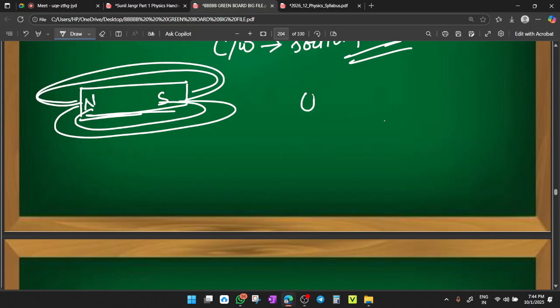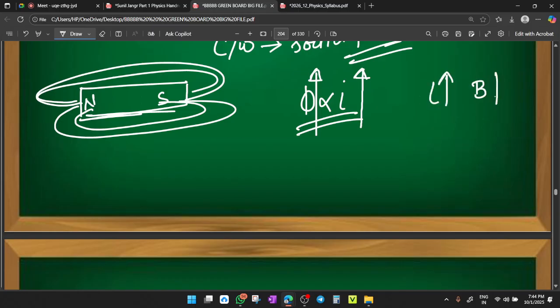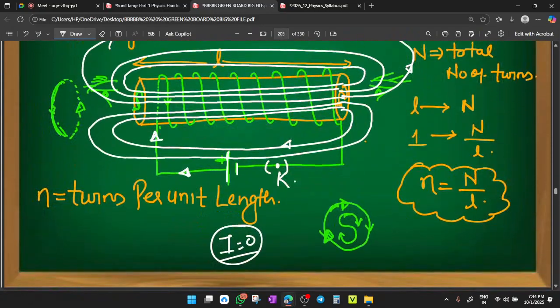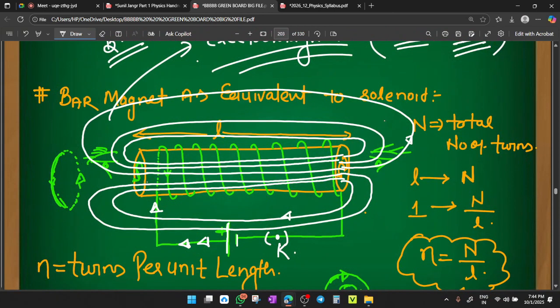flux is directly proportional to current. So as you increase the current, the amount of flux also increases, or you can say on increasing the current, the magnetic field also increases. It means by applying more current, you can realize more magnetic field with the same electromagnet. Okay.